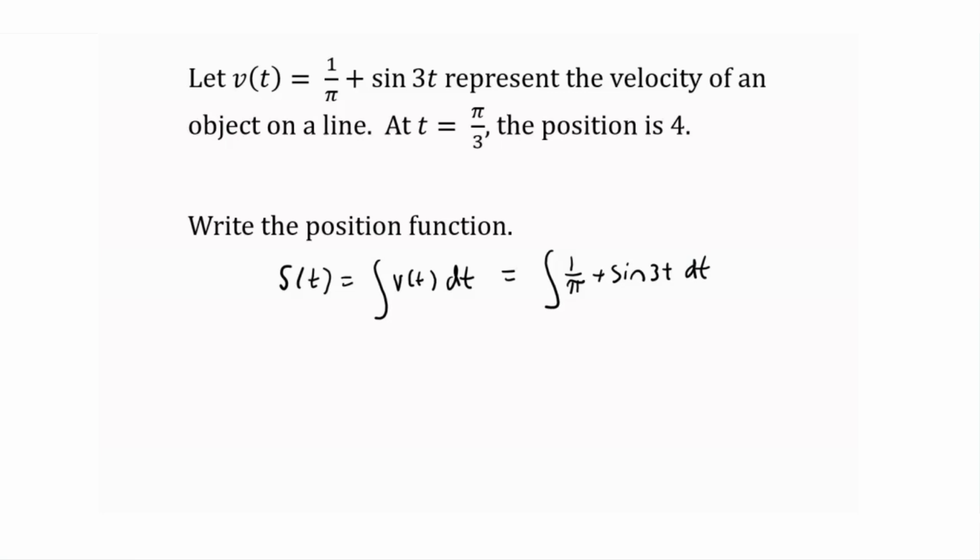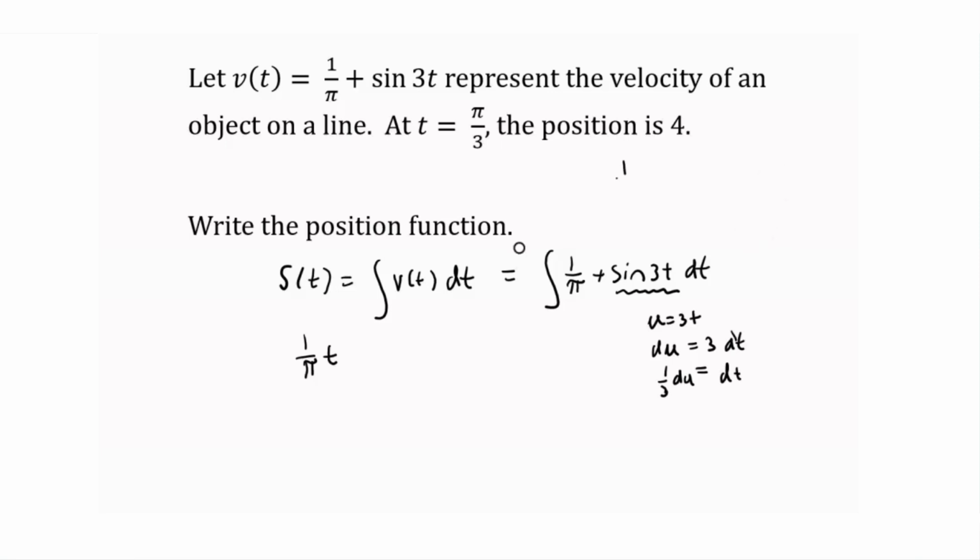The antiderivative of 1 over pi with respect to t would be 1 over pi t. And then the antiderivative of sine 3t dt is going to be a u sub. So we're going to let u equal 3t. That means that du is equal to 3 dt, so 1/3 du is equal to dt.